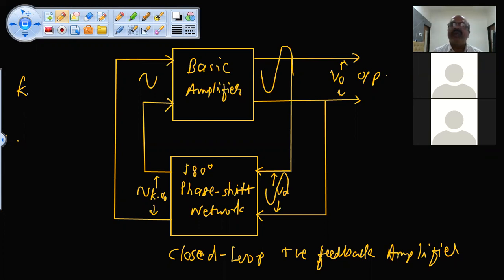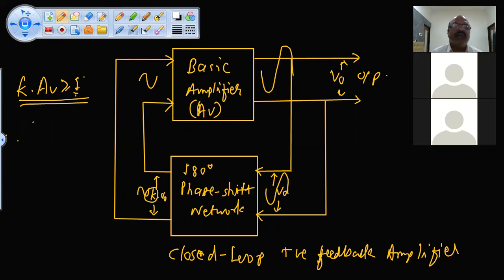Then K times AV, where AV is the voltage gain of the basic amplifier, should be greater than or equal to 1. This is the Barkhausen criteria. So whatever feedback factor you are applying and whatever gain the amplifier has, their product K into AV should be slightly greater than or equal to 1. Then only you will get the oscillations.